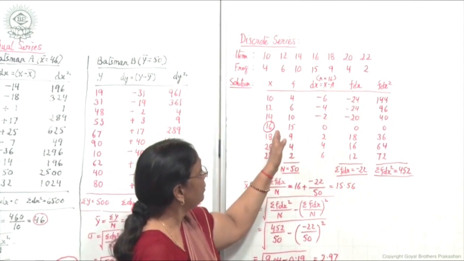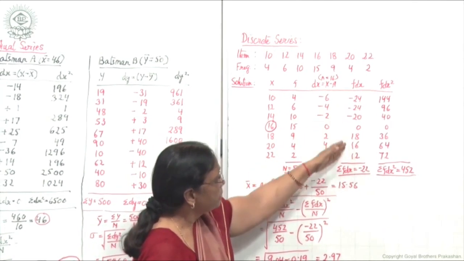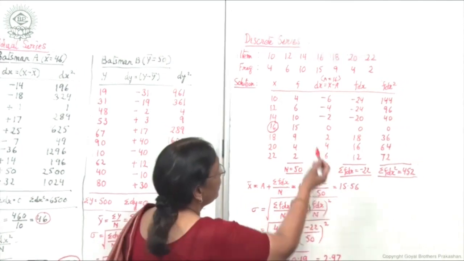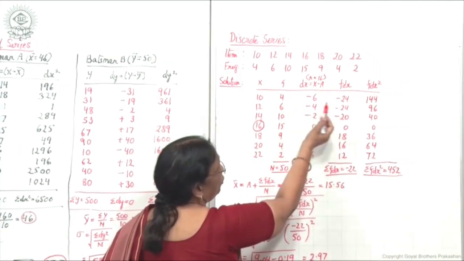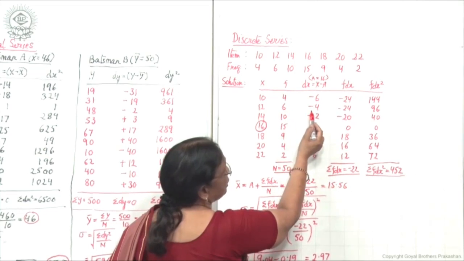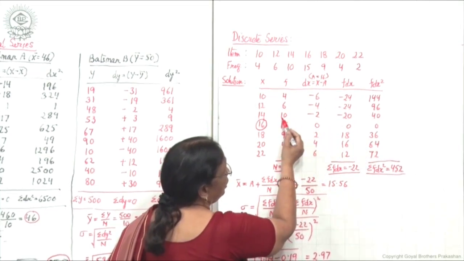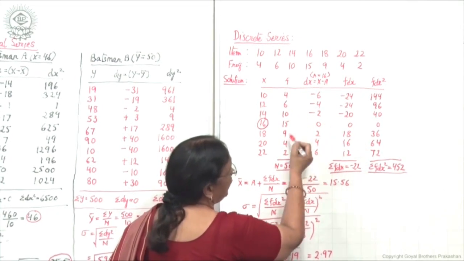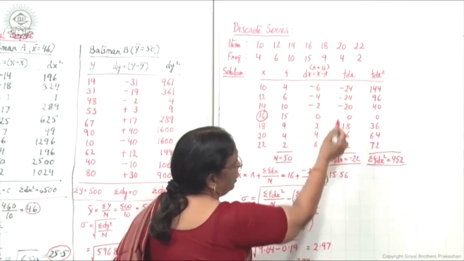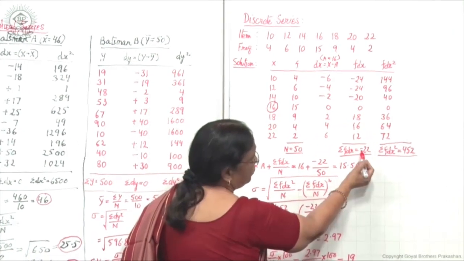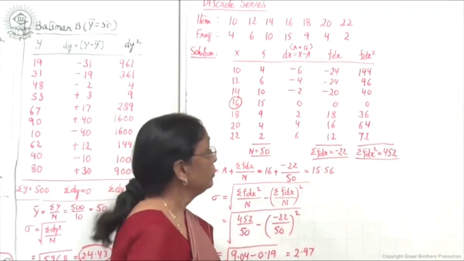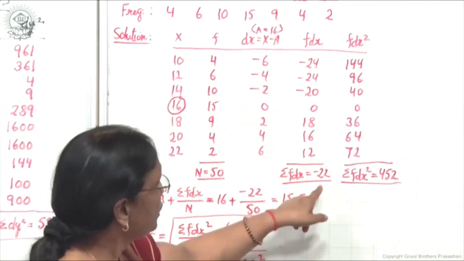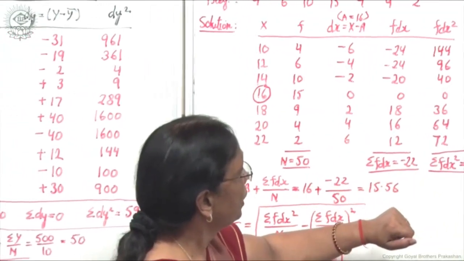Now multiply minus 6 into 4, minus 24. 6 into minus 4 is minus 24. 10 into minus 2 is minus 20, and so on. The total of this column is minus 22, because the minus side is bigger.